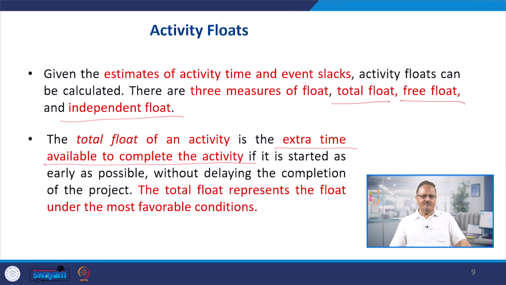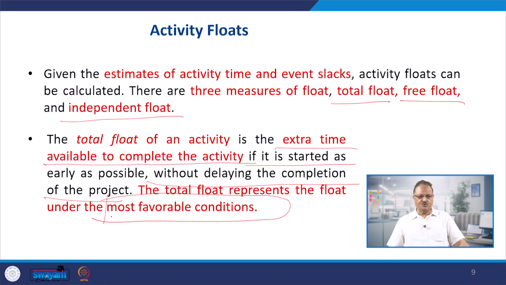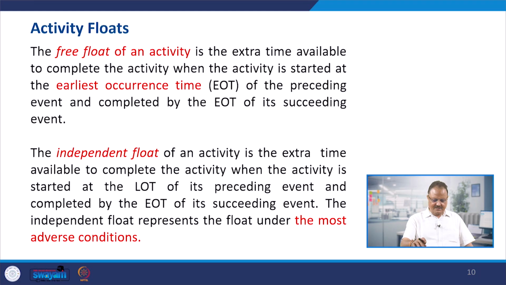So total float of an activity is extra time available to complete the activity if it is started as early as possible without delaying the completion of the project, right? The total float represents the float under the most favorable conditions. You are starting as early as possible and finally you are going to complete it as early as possible also. So most favorable conditions are there under which you are going to develop this float, and this float is called the total activity float.